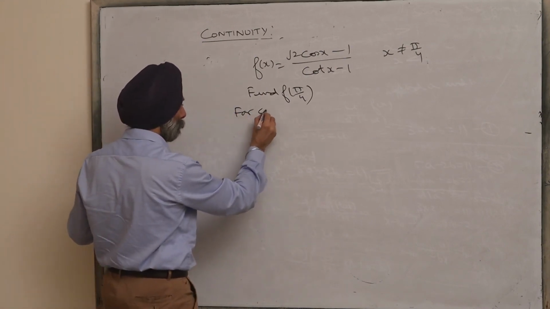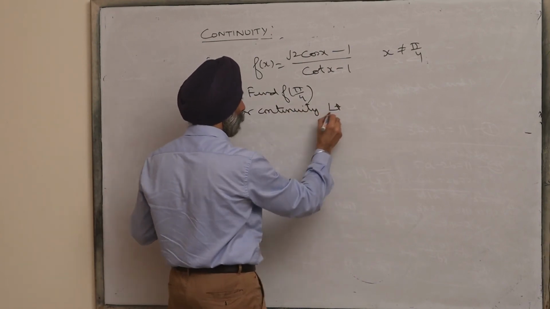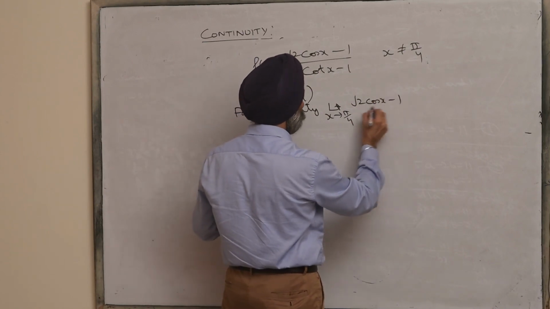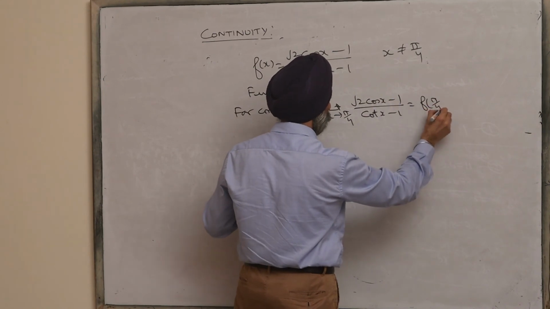Now for continuity, limit x approaches pi by 4 of (root 2 cos x minus 1) upon (cot x minus 1) must be equal to f of pi by 4.